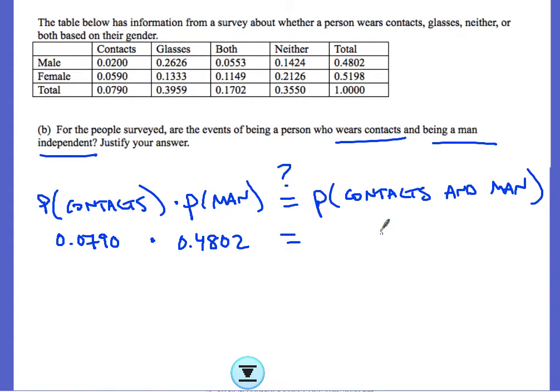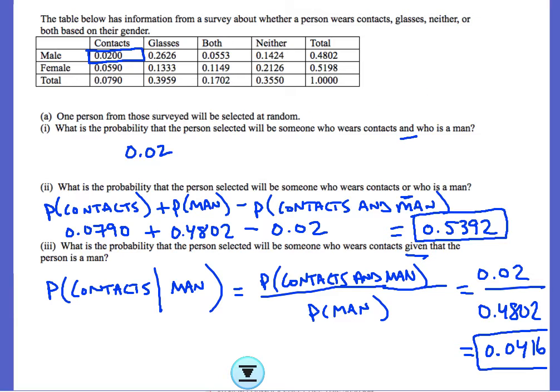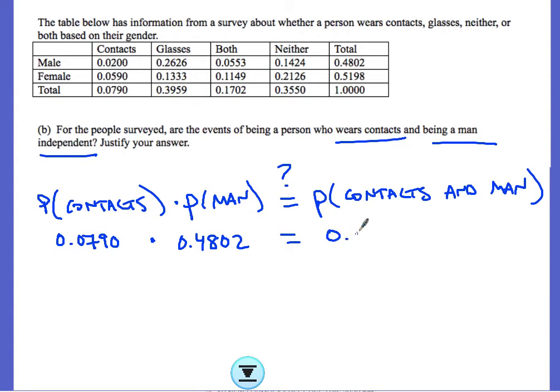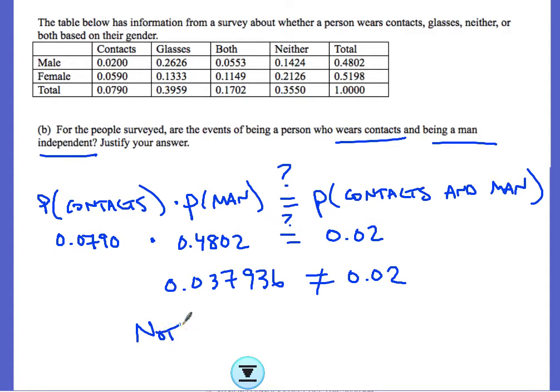Is that equal to the probability of wearing contacts and being a man? Again, contacts and being a man is 0.02. So let's test it out, see if that actually works. When you multiply these two together, you're going to get 0.037936. And that does not equal 0.02. So these are not independent.